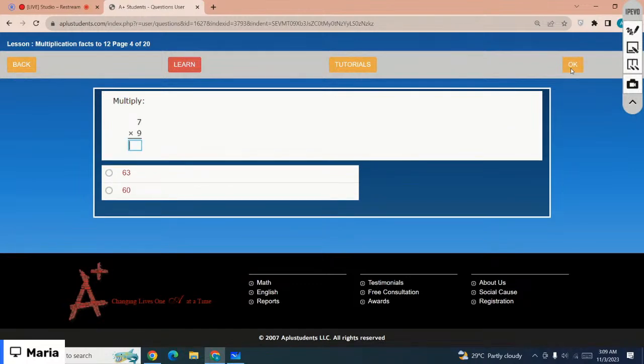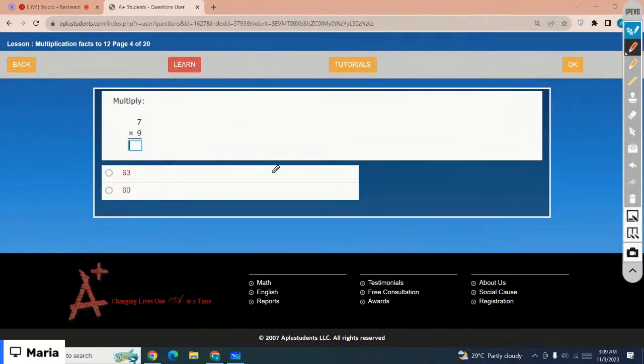Okay, the next one is 7 times 9. Which is the correct option? 7 times 9 and 9 times 7 are exactly equal, right? In multiplication, if you change the position of the number, the answer is exactly same. Whether you do 7 times 9 or 9 times 7, the answer is 63, right?